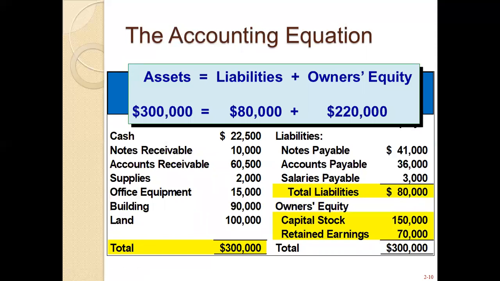But the more important thing is the accounting equation, how it is made: assets of $300,000 are equal to liability plus owner's equity. Okay, class. Finally, we are discussing these things and the accounting equation. You can easily view it and understand that assets are equal to liability plus owner's equity.